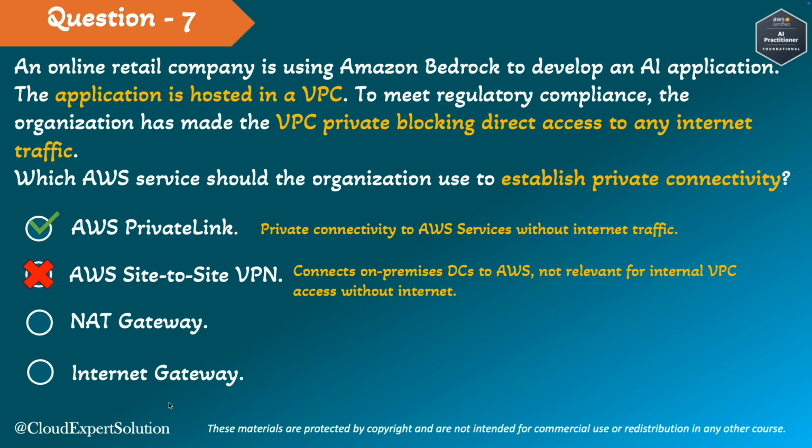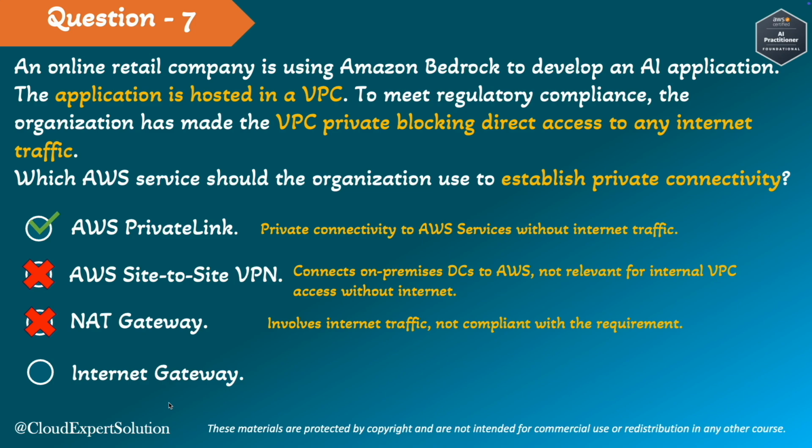The third option is NAT gateway. NAT gateway involves internet traffic. If you have applications running in virtual machines or EC2s in a private subnet, and if you want to reach the internet, you can use a NAT gateway in a public subnet. Hence, this is not compliant with our requirements, and NAT gateway is not the correct option.